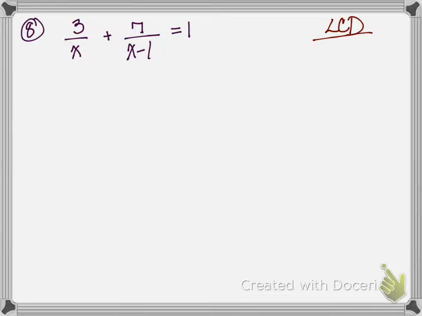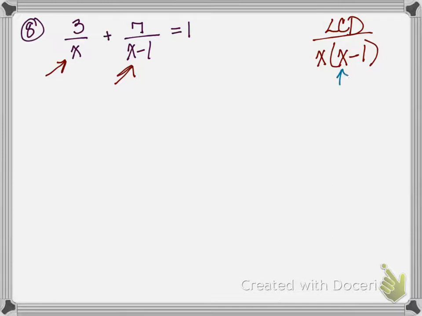Okay. Number 8, this one's a little bit kinder than the one on your quiz. That one on your quiz was a little nasty. Okay. So the first thing that we're going to do here is find our LCD. I have to include x, and then I have to include x minus 1, because x and x minus 1 are two different denominators.